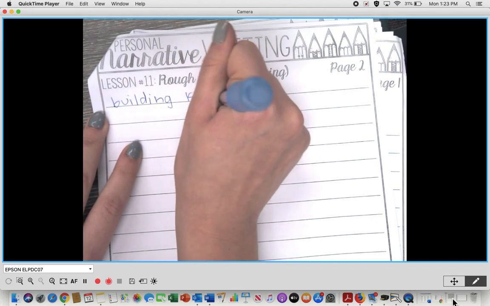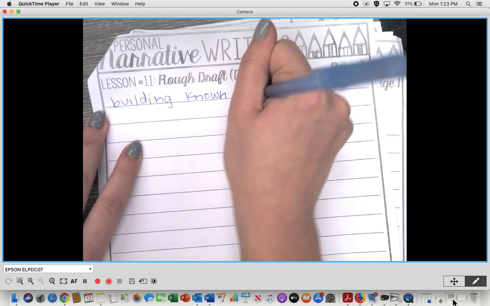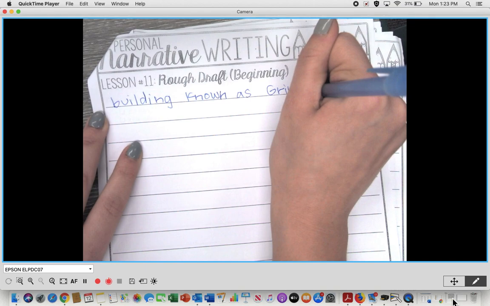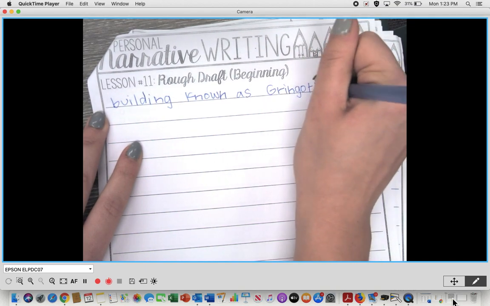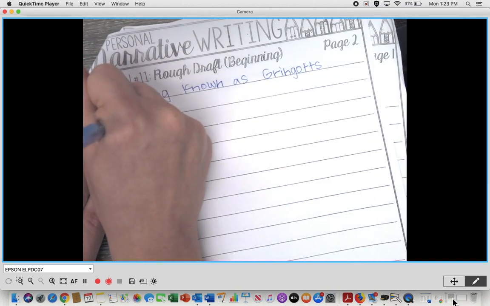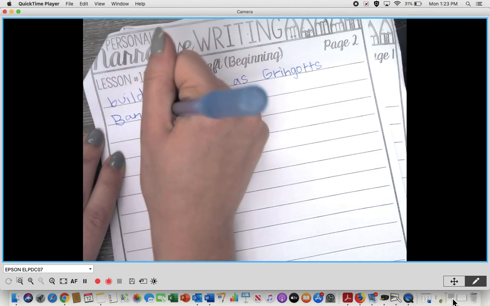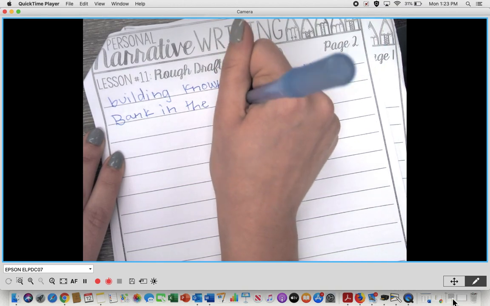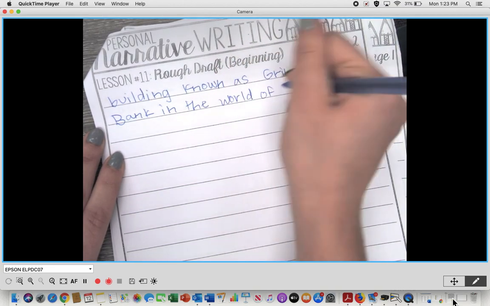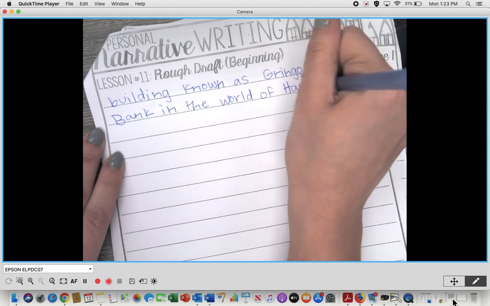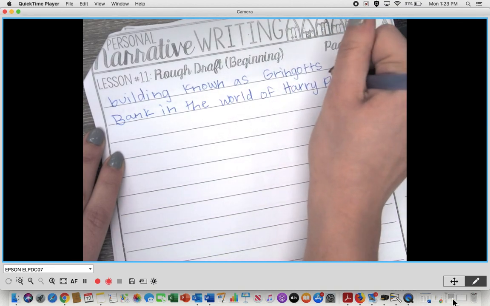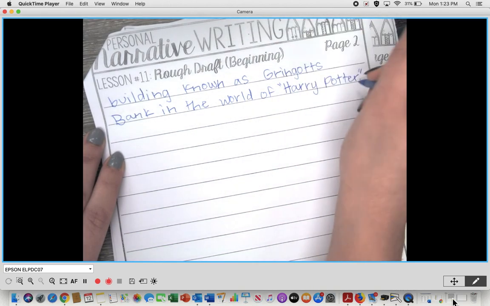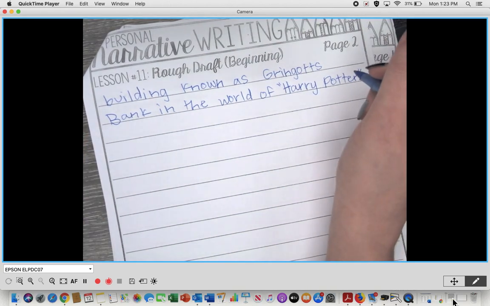Known as Gringotts Bank in the world of Harry Potter. I'm going to again put quotes around it because I'm referring to the title of the story.